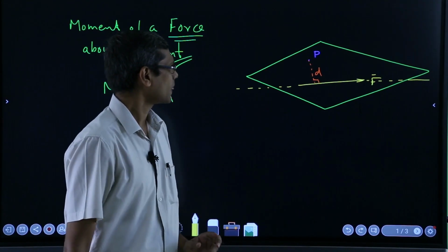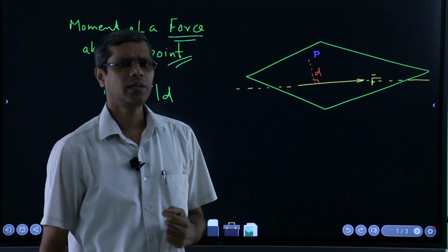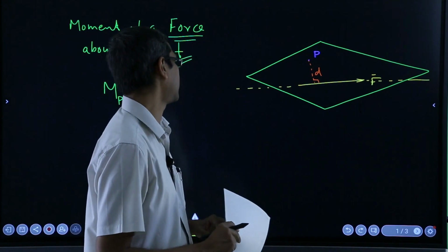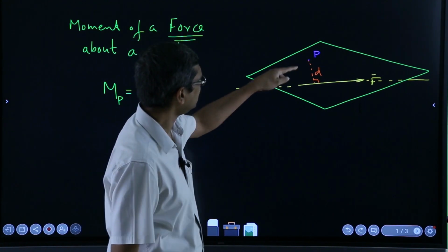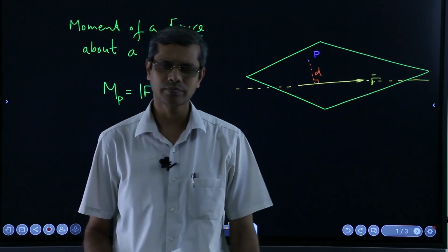But then the problem starts when things become more and more complex, in the sense that the calculation of this d becomes difficult. Okay.